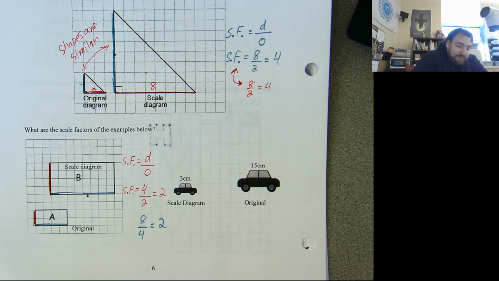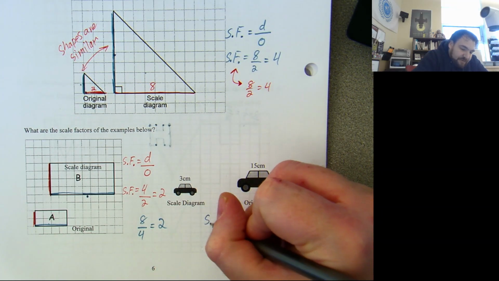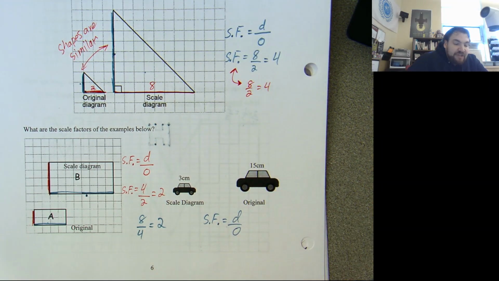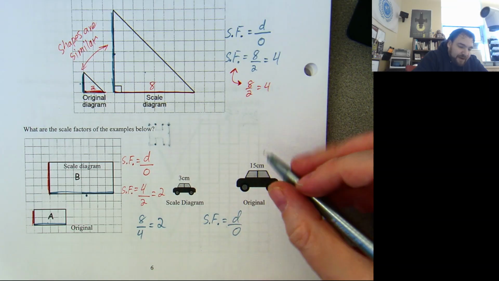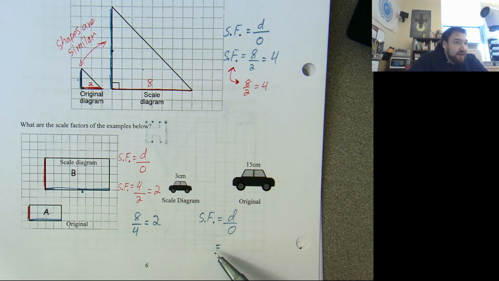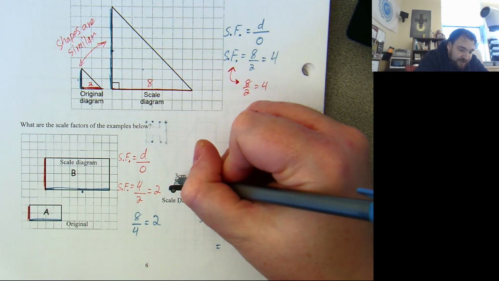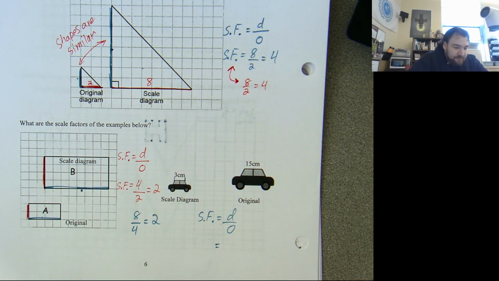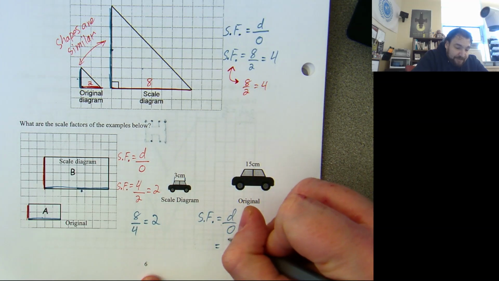And the last one, remember the scale factor is equal to the diagram measure divided by the original length. So the scale factor here is going to be what? Well, what's the scale diagram length that we're given? Well, we're given the length of that little roof there, we're told is 3 centimeters. And this is labeled, this is the scale diagram. So that 3 is going to be up there in the numerator.